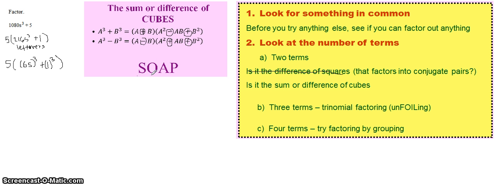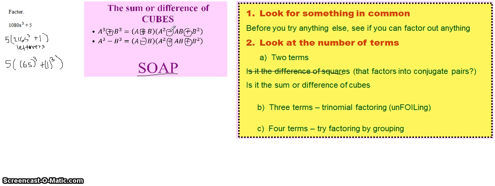So I have this acronym here, SOAP. It stands for same, opposite, always positive. That corresponds to the signs in our formula. If we're doing the sum of cubes, the first sign within the parenthesis is going to be the same, so a plus.